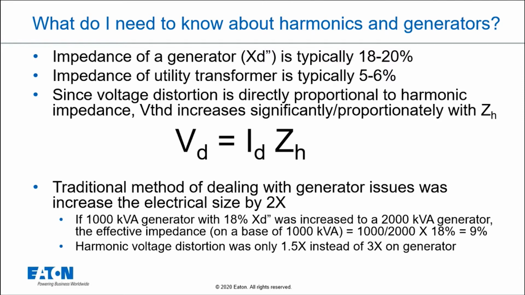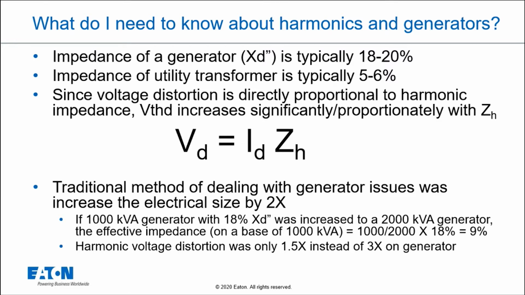Voltage distortion equals current distortion times harmonic impedance. So ZH is either XD double prime for the generator or the impedance of the transformer. Now traditionally people used to oversize the generator to, again, live with harmonics.